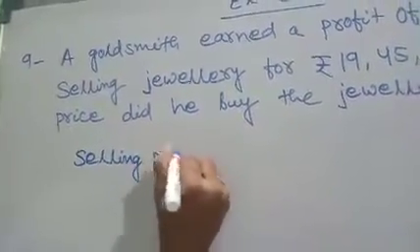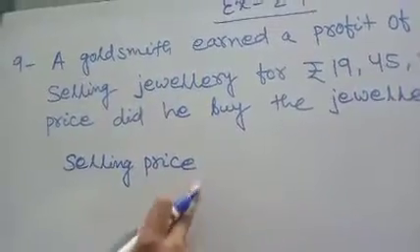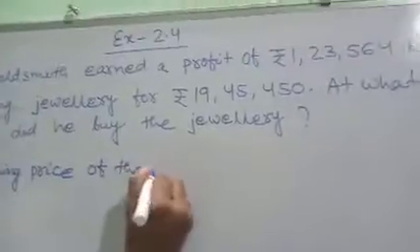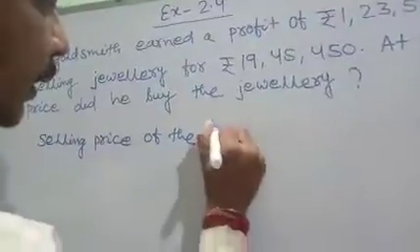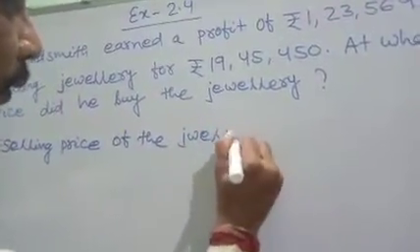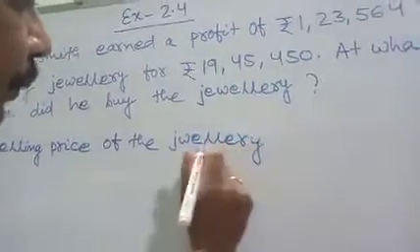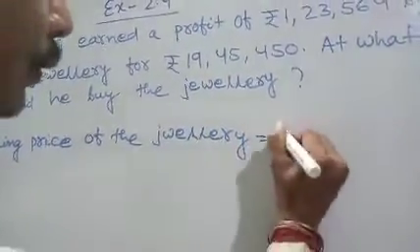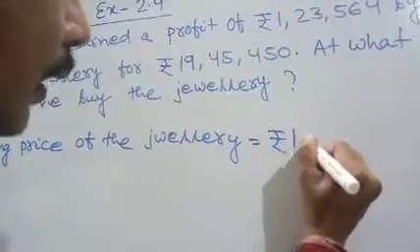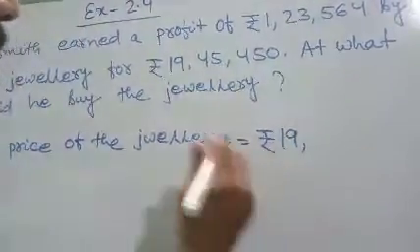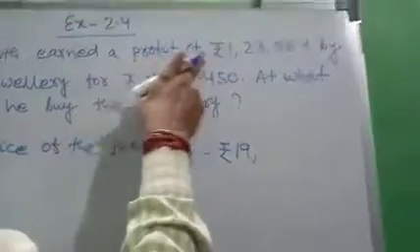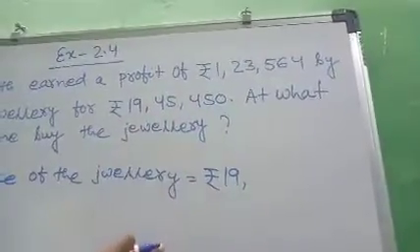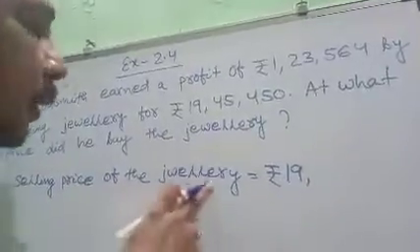Selling price, or you can write SP, of the jewelry equal to 19,45,450 rupees. Profit is given in the first line, but you have to start from the SP.